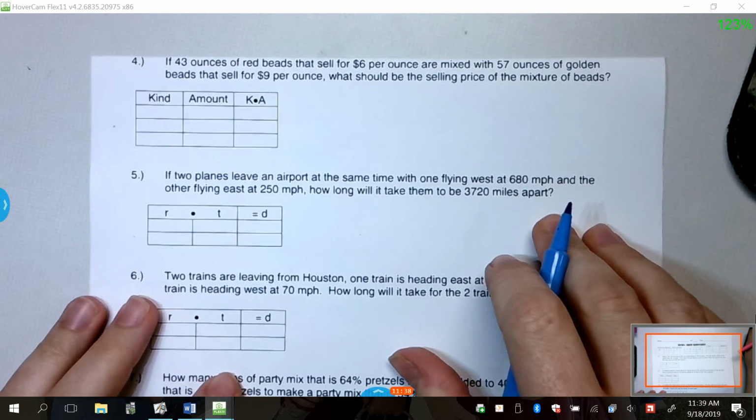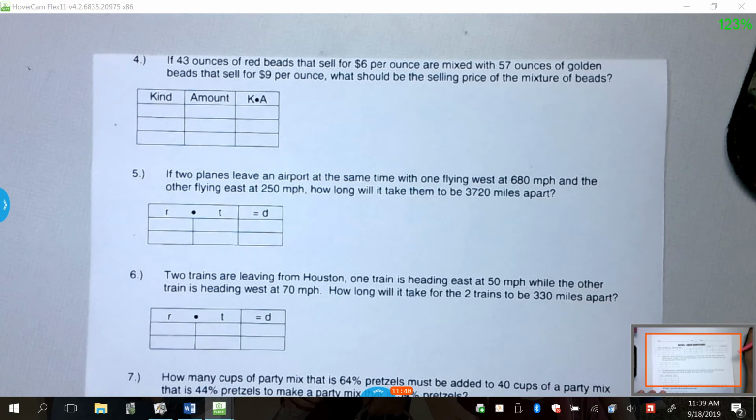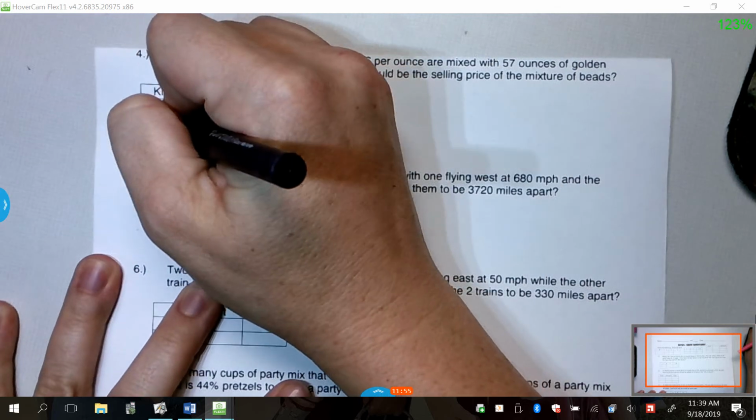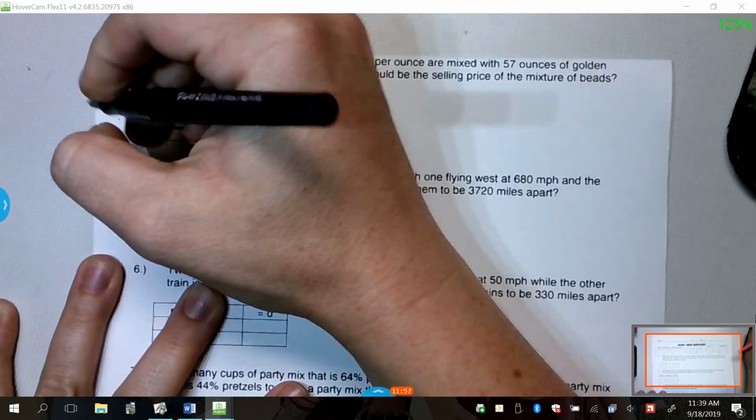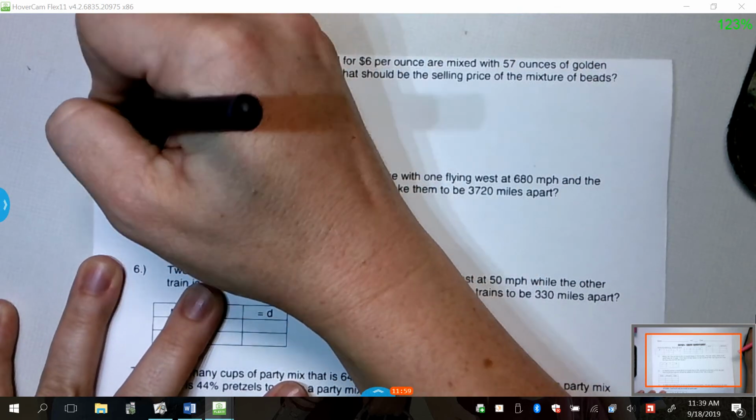It says, if 43 ounces of red beads that sell for $6 per ounce are mixed, so this is a mixture problem, with 57 ounces of golden beads that sell for $9 per ounce, what should be the selling price of the mixture of the beads? This is my want, this is my mixture. This is what I have.